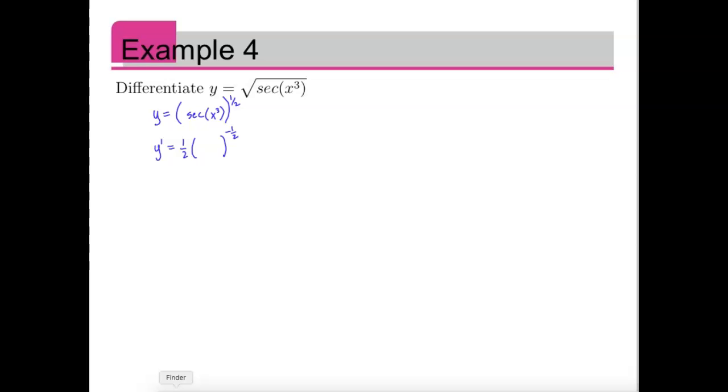Emily had that queued up for me. And I'm going to multiply by the derivative of that inside function, which is secant x cubed. All right, so we've done the calculus on that piece. That's just going to come as a multiplier every line below.